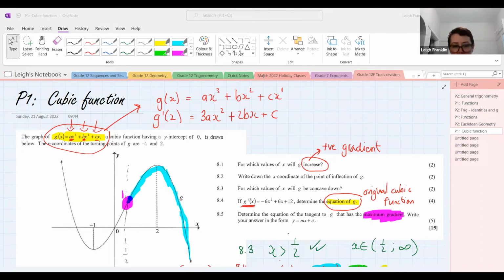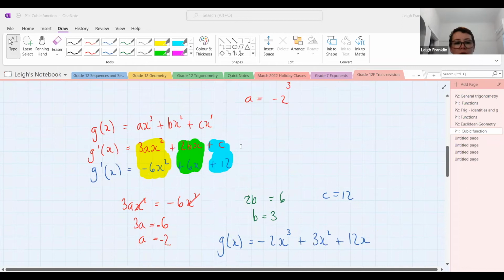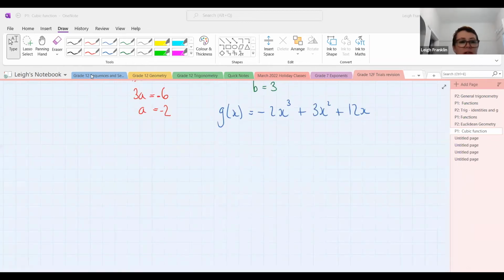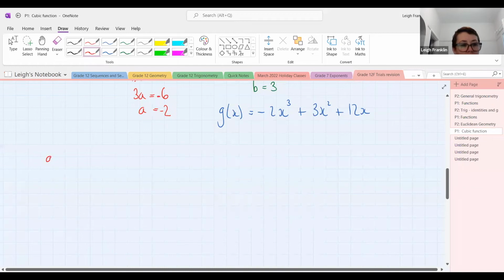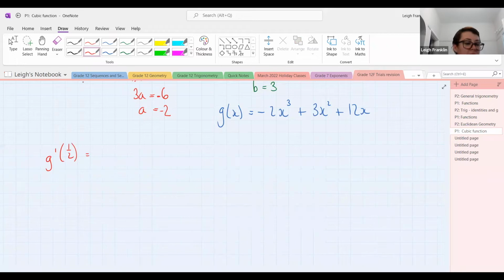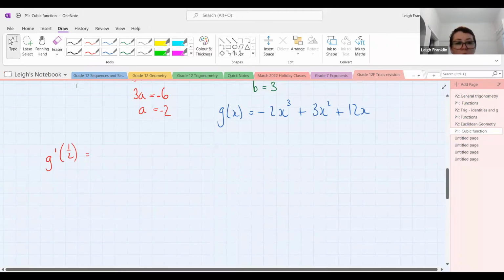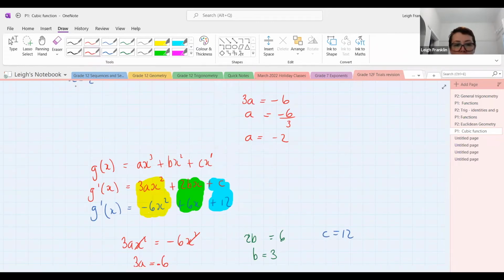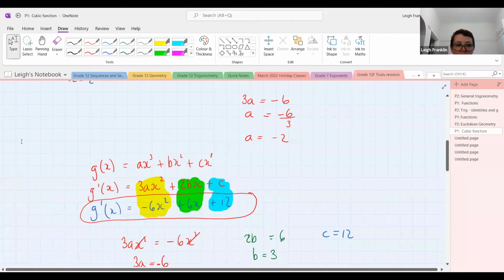So G prime. We need to sub a half, because that's where our point of inflection is, into G prime. Now remember, G prime was this thing over here. So that's where we're subbing a half in.